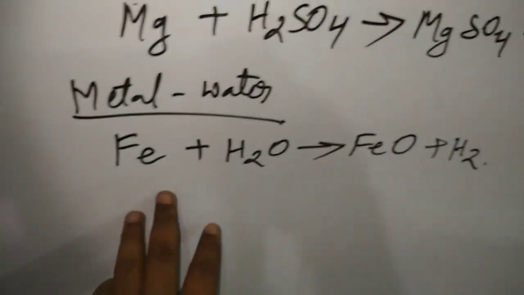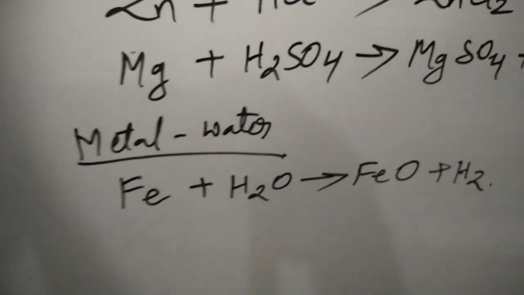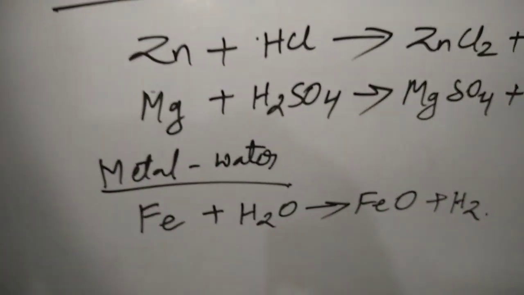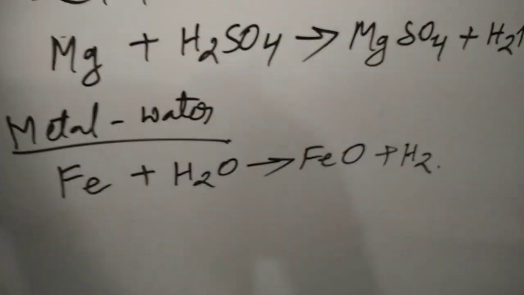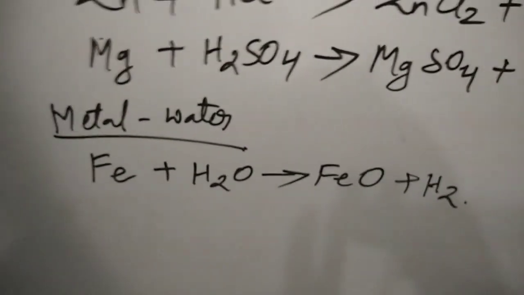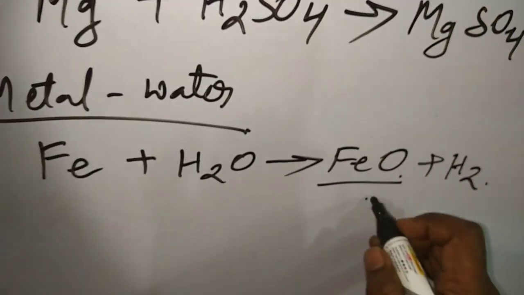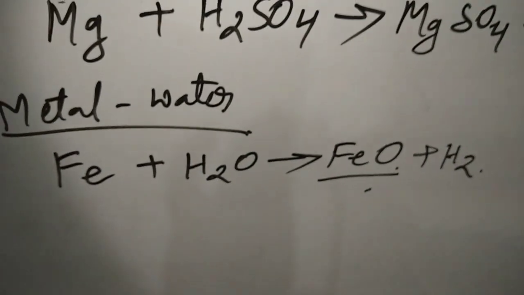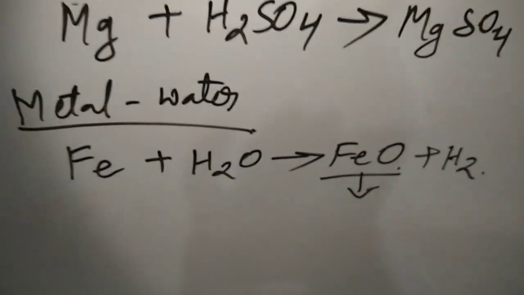Now when rain is occurring, after rain, when the windows or doors get contact with the iron, we see rusting is forming. Now what is that rust? That FeO compound is only the rust. Okay students, this compound is only forming. Understand?